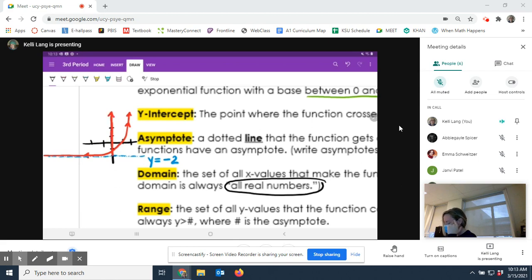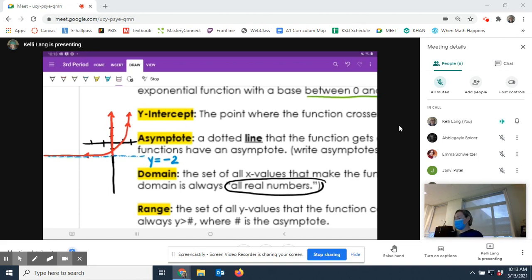But none of these y values down here will be part of my range, because my function stops at that asymptote. Remember, I know you just learned this, but what an asymptote does is it represents a line that our function can never cross. So our function will never be below that blue dotted line, ever.